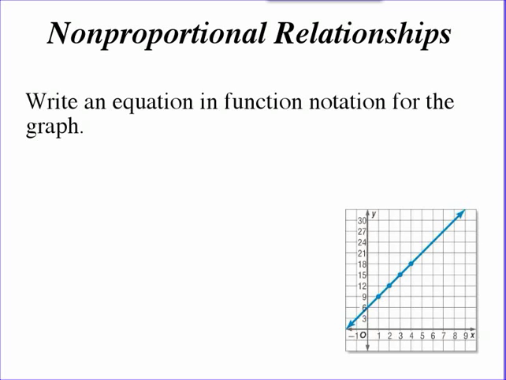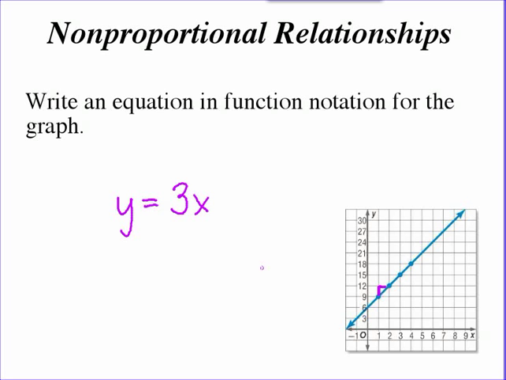But now what I need to do is write an equation for that graph. First of all I'm going to see how much it is increasing for every one of the x's. How much is it going up for every one of the x's? 3. So if it was proportional, my answer would be 3x, right? But it's not proportional because it doesn't start at 0, 0.